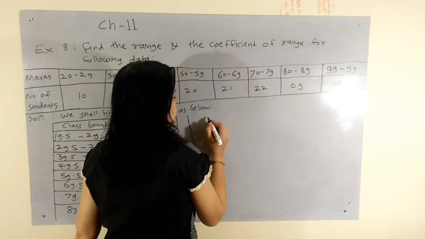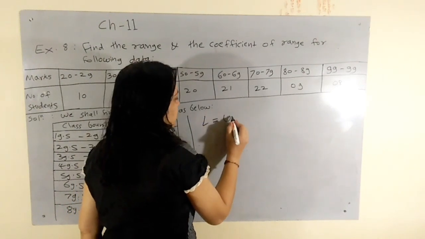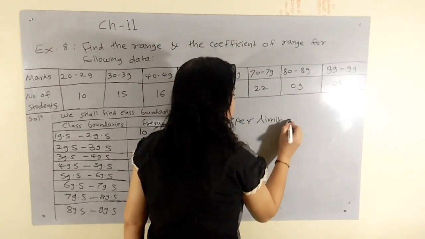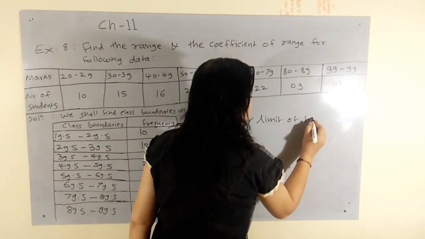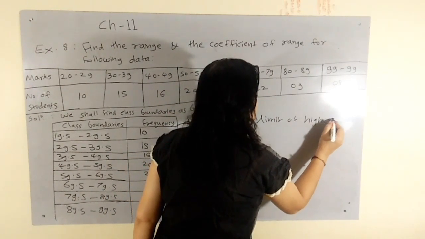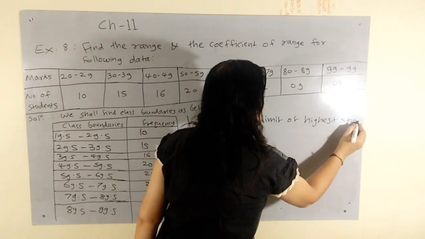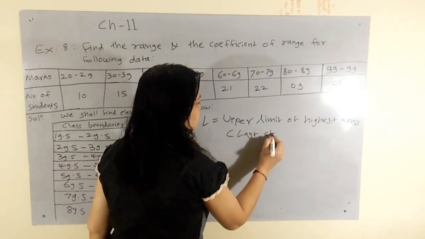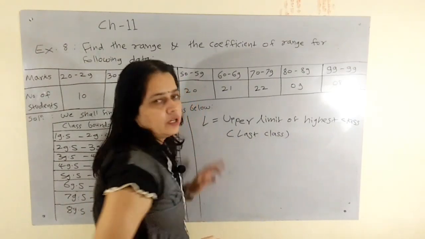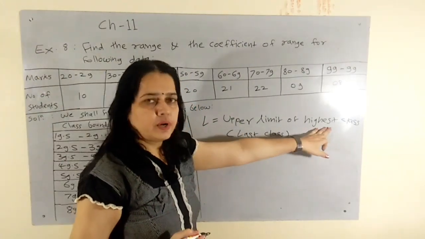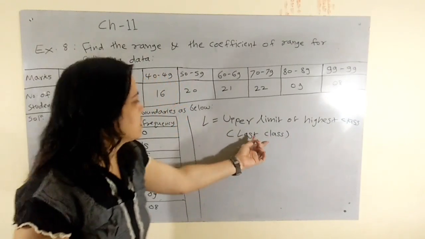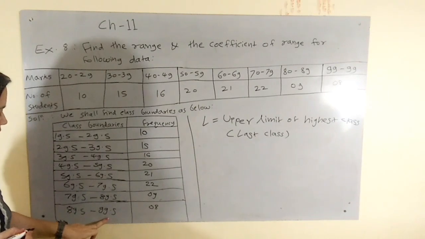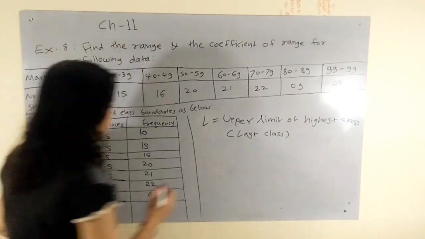Now L is equal to the upper limit of the highest class or last class. So here the upper limit of the last class means 99.5.